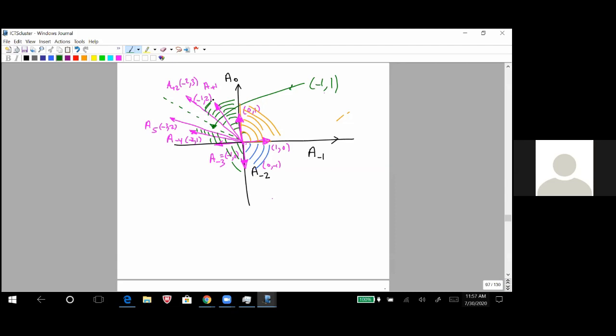But you notice that in this example, there's something interesting, which is that while the cones are non-overlapping, and there are no holes in this space, they don't quite cover the entire space. They're missing this direction minus 1, 1.